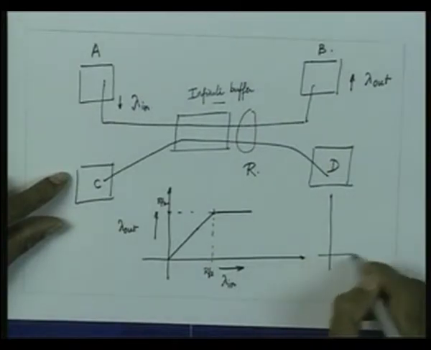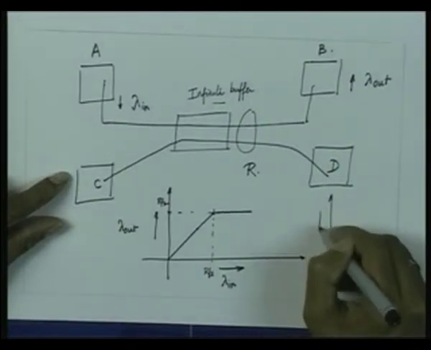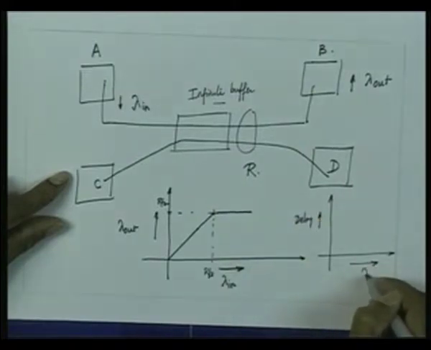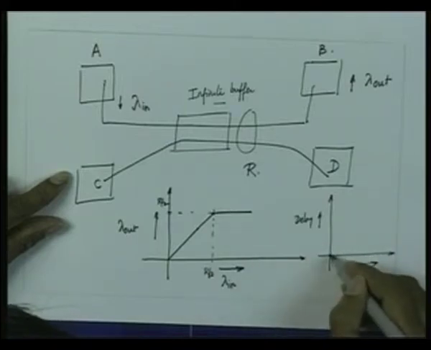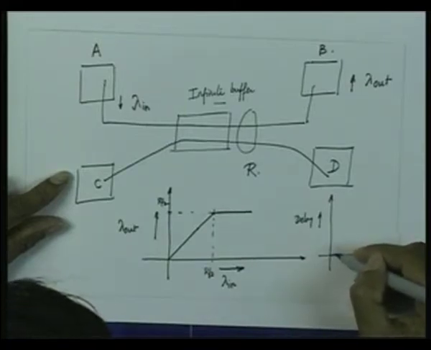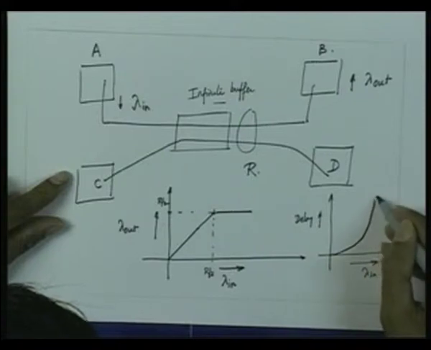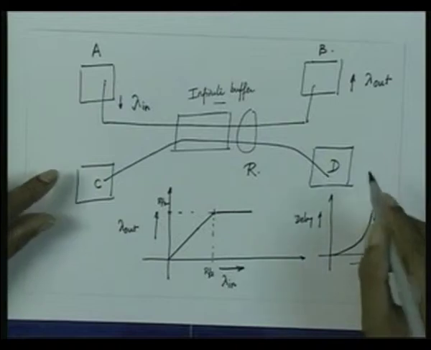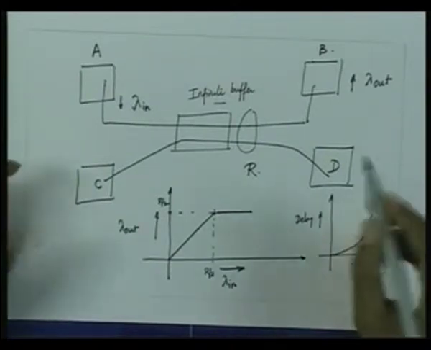As we keep on increasing lambda in, what is going to be affected? If you see the delay characteristic, if this is the delay and this is my lambda in, as I increase lambda in, my delay slowly keeps on increasing, and when I reach R by 2 here, my delay tends to infinity.